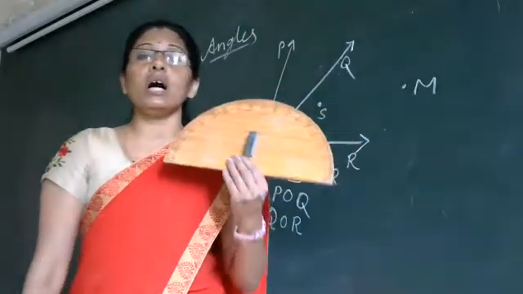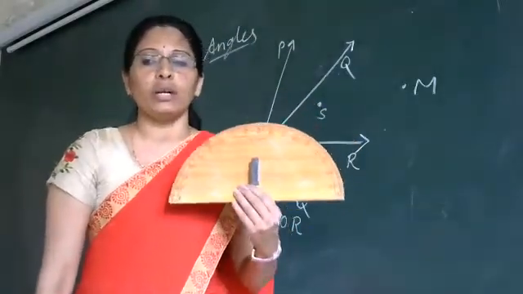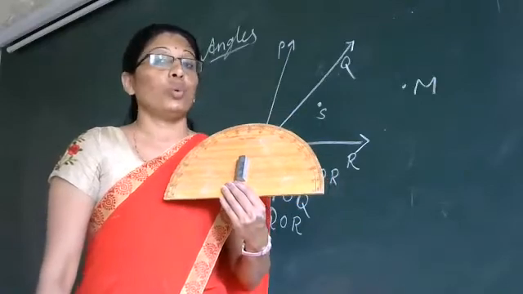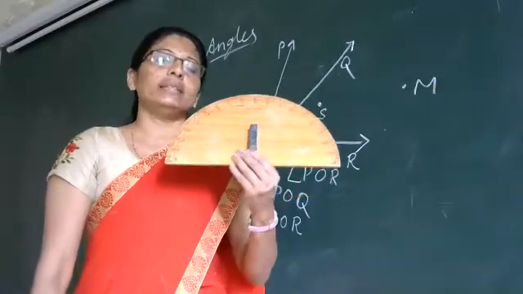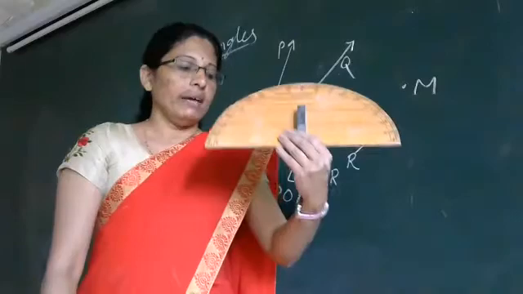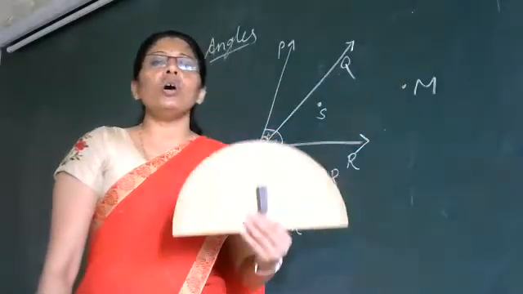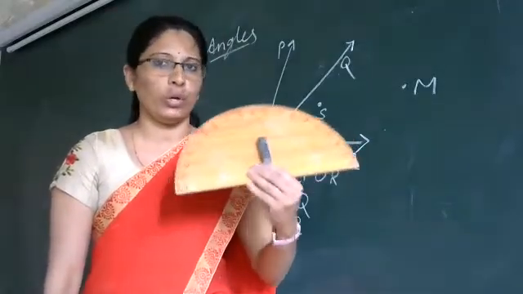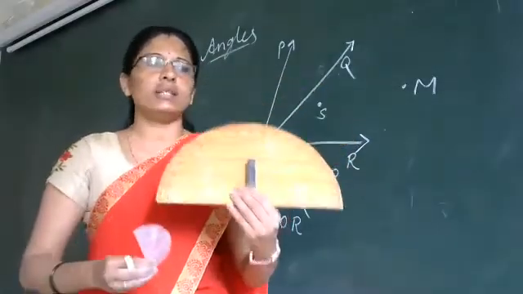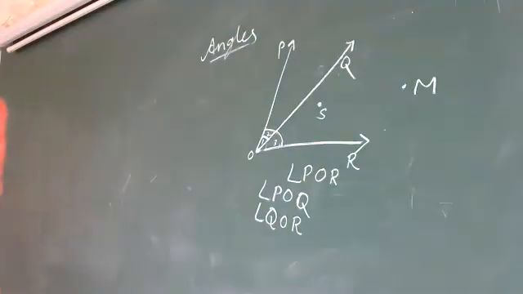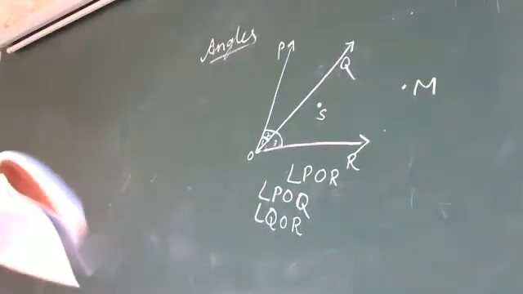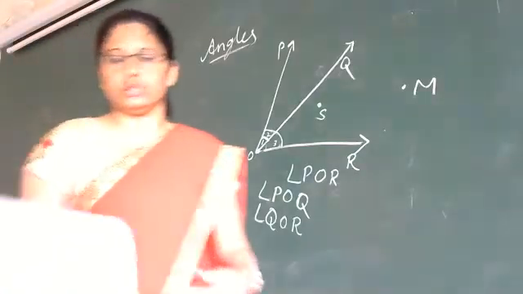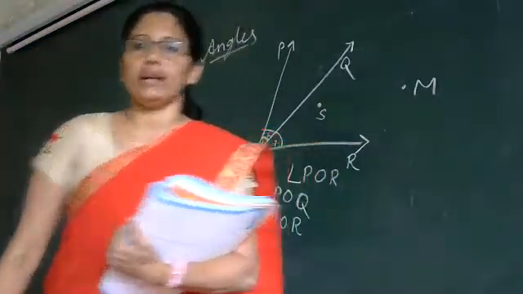This is known as a protractor. What is it known as? Protractor. Okay. This is the instrument which is used to measure an angle or to construct an angle. Okay. In detail, we will do this. I have just shown you. Now, before that, first we will see exercise 7.2. Then we will see the angle, protractor angle. Okay.